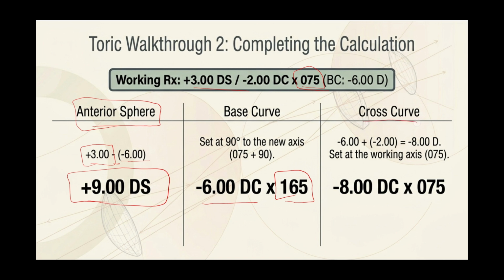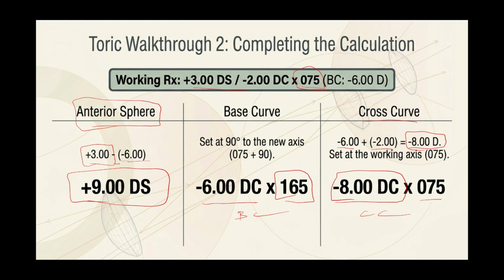Cross curve. How do we calculate the cross curve? Sum of the base curve and the prescription. So it is minus 6 plus minus 2, which gives minus 8. So minus 8 diopter cylinder in the prescribed axis, that is 75. Okay, so we have calculated anterior surface power, we have calculated the base curve, and we have calculated the cross curve.